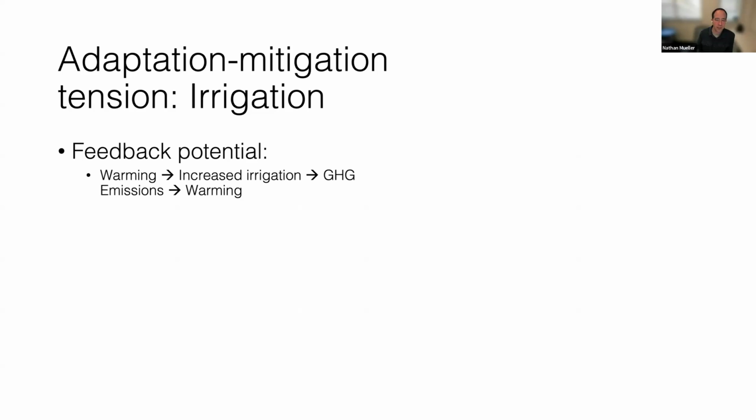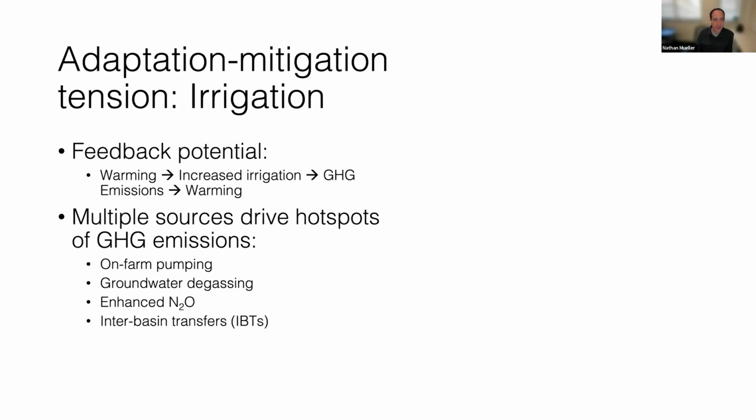It's such a valuable climate adaptation tool that the concern is that we have warming, and that leads to more irrigation, and that irrigation has some underappreciated greenhouse gas emissions associated with it, and then we could get more warming. So it's sort of a positive climate feedback through adaptation.